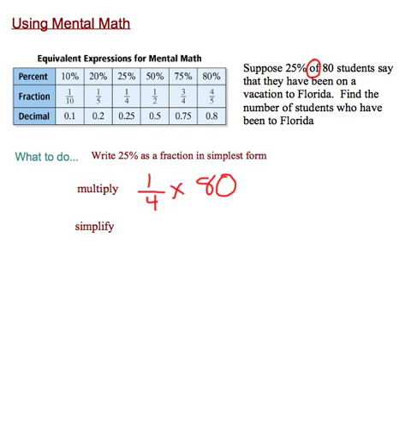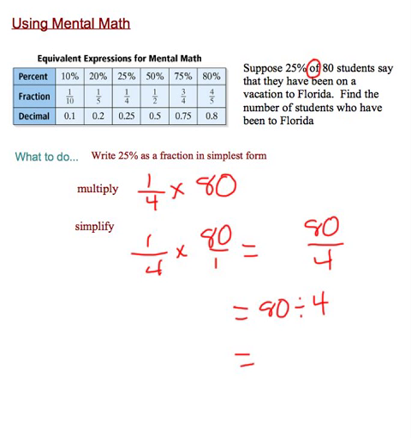Say they've been on a vacation to Florida. Well, if we simplify this out, we get 1/4 times 80 over 1. We get 80 over 4, which is the same thing as 80 divided by 4. Quick little mental math. We got 20 students.